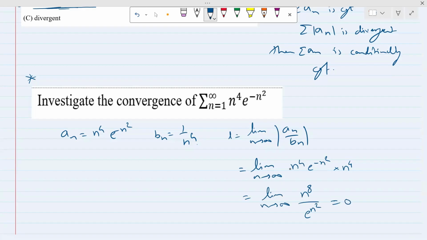In the previous class you told us that if bn is 1 by n to the power 4, it is convergent always. That is why it must be convergent. Yes, absolutely correct. I hope this is fine for all of you. This limit goes to 0.